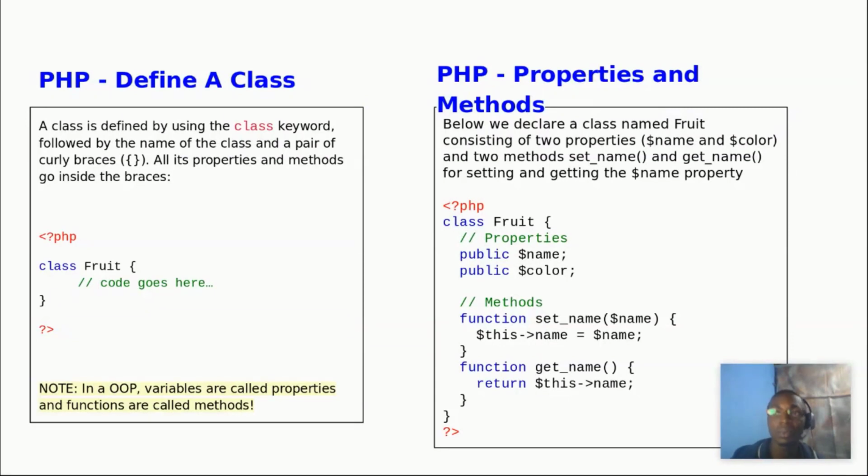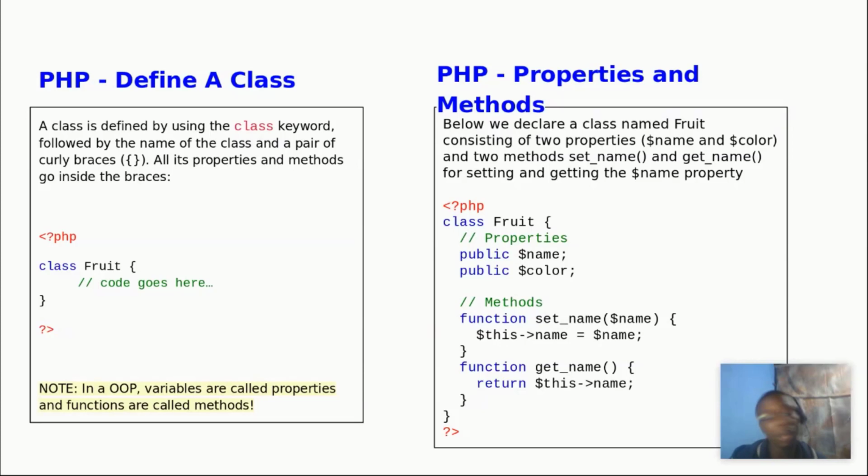This is an example of what you have here. You have the class, then the name, then open curly braces, and then everything that goes into the class goes here. You should note that in your OOP, variables are called properties and functions are called methods. This is just to clarify.